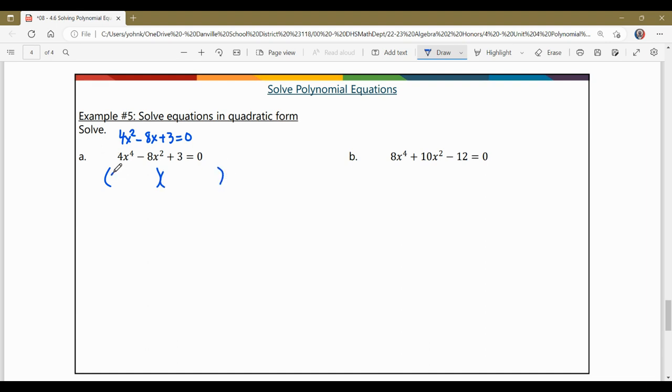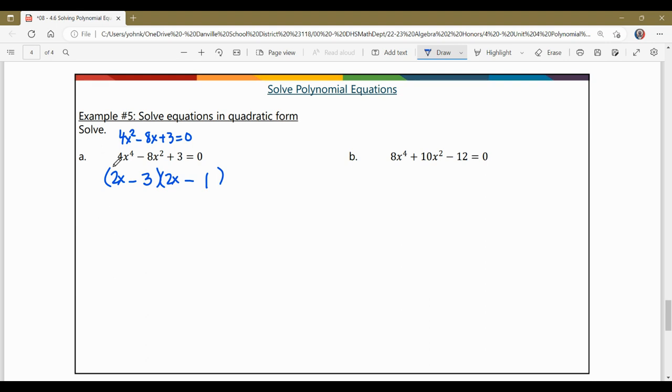We could try 2x and 2x. That's how you get 4x squared. And then I need to get 3. So like 3 and 1. And when I multiply, I get a positive. But when I collect like terms, I get a negative. That means they're both negative. So kids, check that. I get negative 2x on the outside, negative 6x on the inside. That gives me negative 8x.